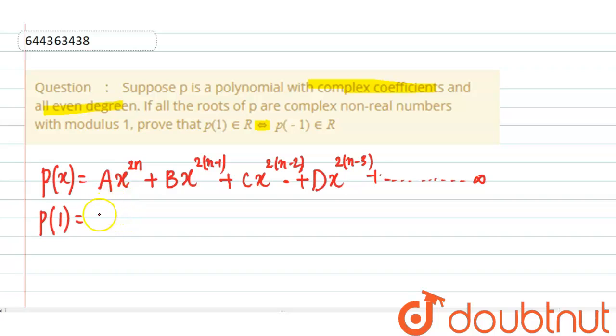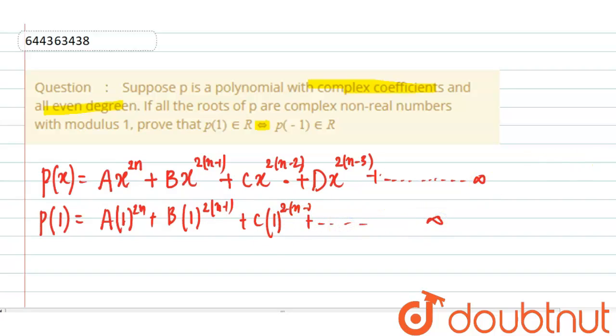Let's put 1. If we put 1, then it would result in a into 1 raised to power 2n plus b into 1 raised to power 2 into n minus 1 plus c into 1 raised to power 2 into n minus 2, up till infinity. Fine.